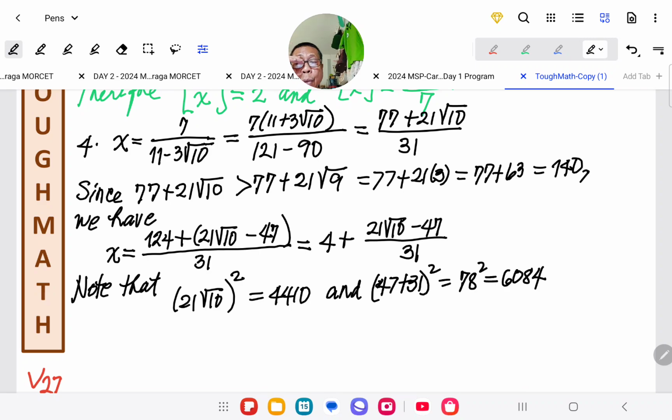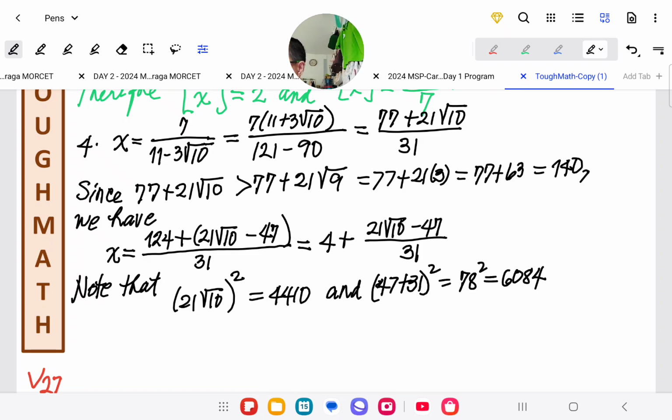Okay, so therefore 21 times the square root of 10 minus 47 over 31 is less than 1 but greater than 0.